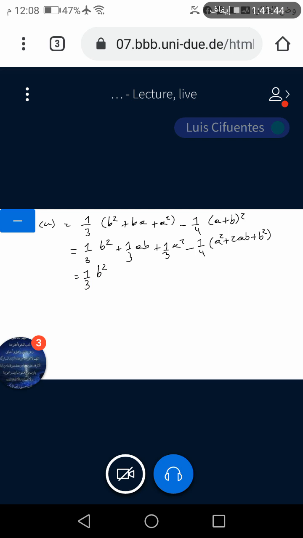With this plus AB, okay. And solving this 4 here. 12 A squared, AB, B squared 4 here. Continuing, just this part with this part here.